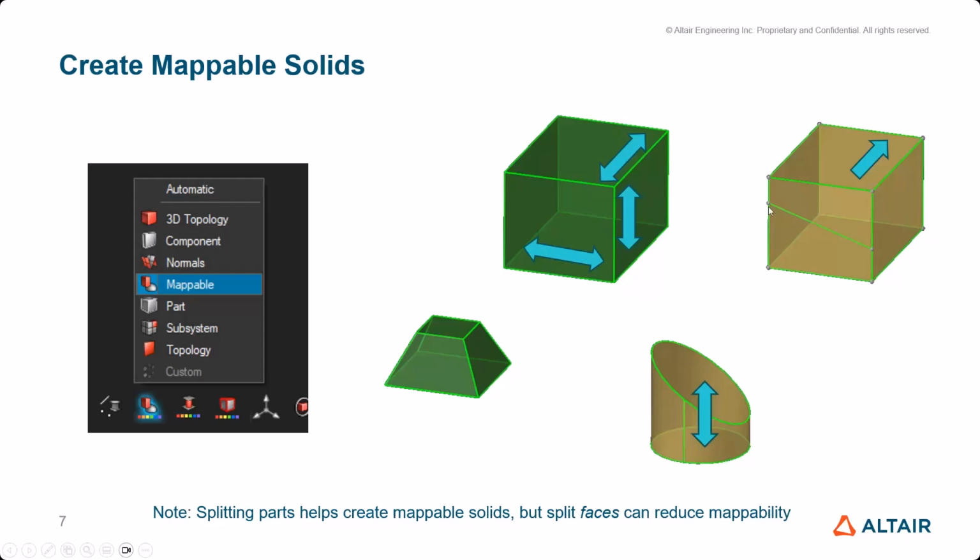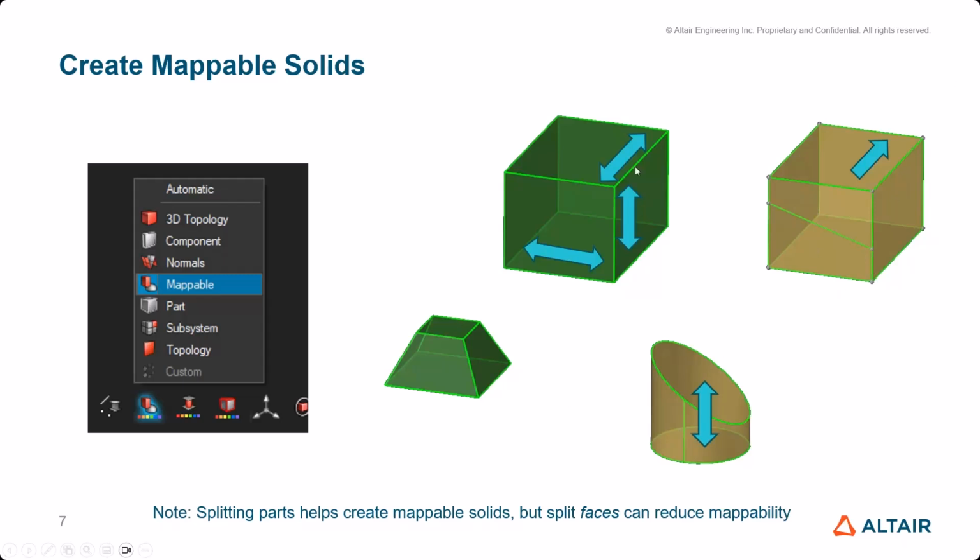Similarly, if you add a split line, or if you have adjacent solids, so you have a simple cube still, but there's another solid next to it that has a shared edge that you need to take into account, or it's just dirty geometry, or whatever the case may be, this reduces the mappability. Now we have to put a seed mesh on this face, so it can take into account that split line there, and then extrude it through in that direction.